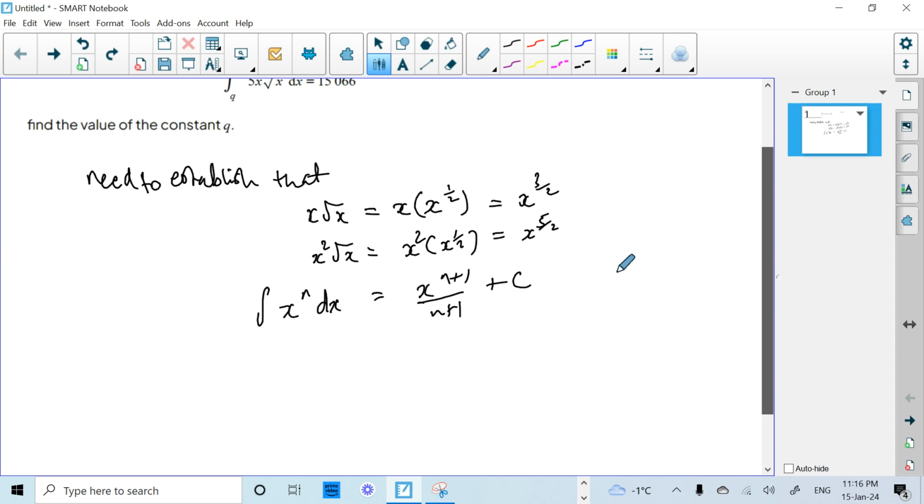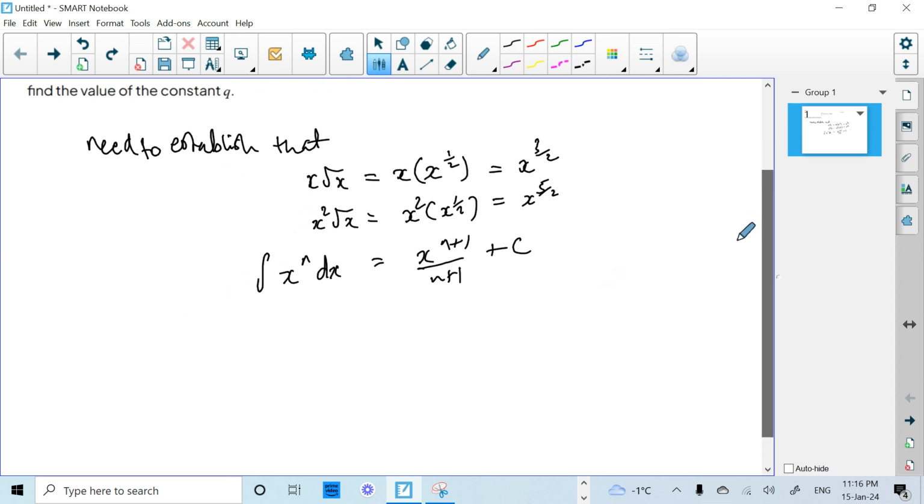Now, using integration, we write it out here. I is equal to the integral, with limits 4q and q, which is what we need to find, of 5x times the root of x dx.